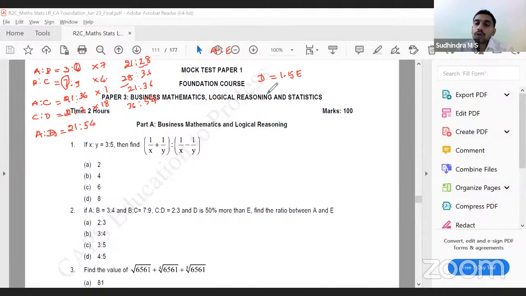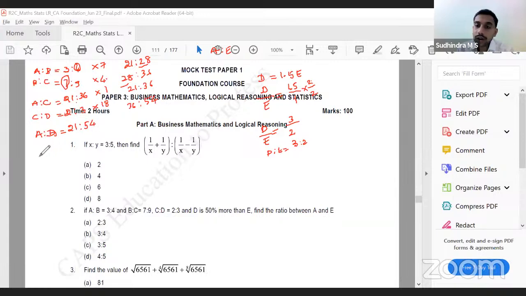So that is nothing but D by E equals 1.5 divided by 1. What did I do? I just transferred E to the other side. D by E is 1.5 divided by 1, or D by E is 3 by 2. 1.5 into 2 is 3. 1 into 2 is 2. So I'll get the ratio D is to E is equal to 3 is to 2.